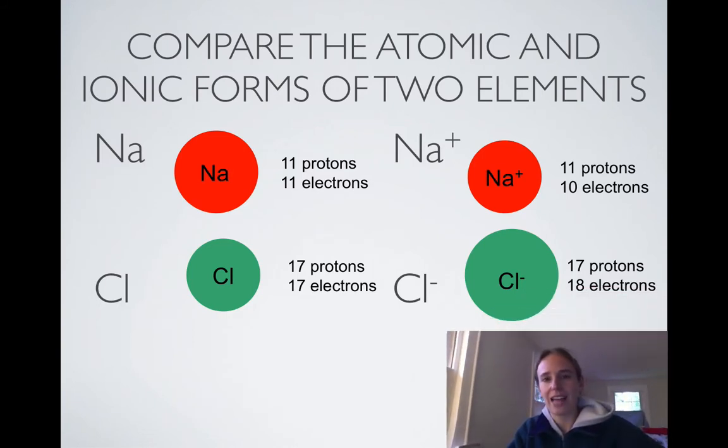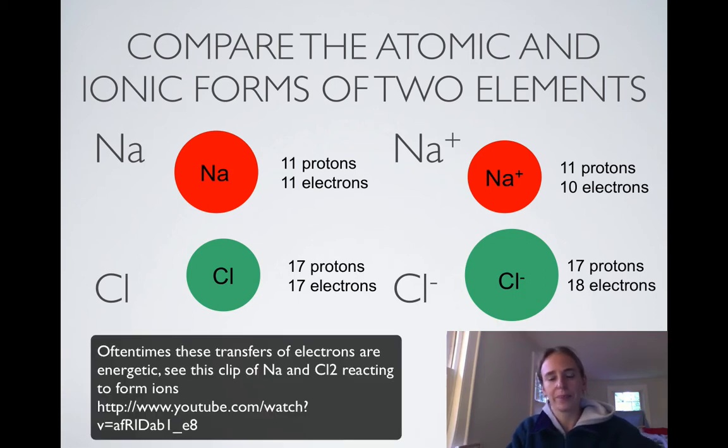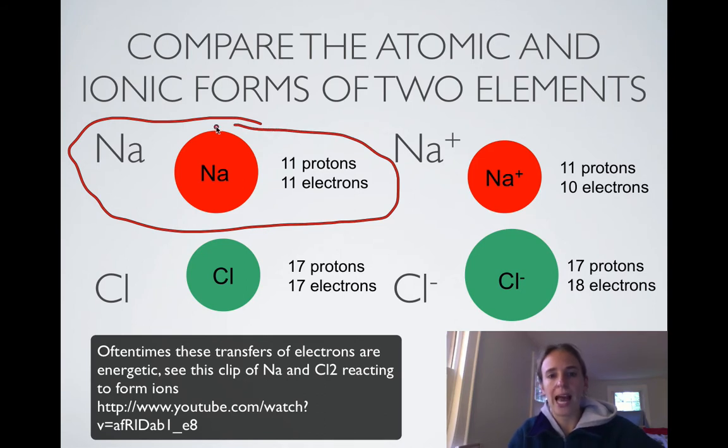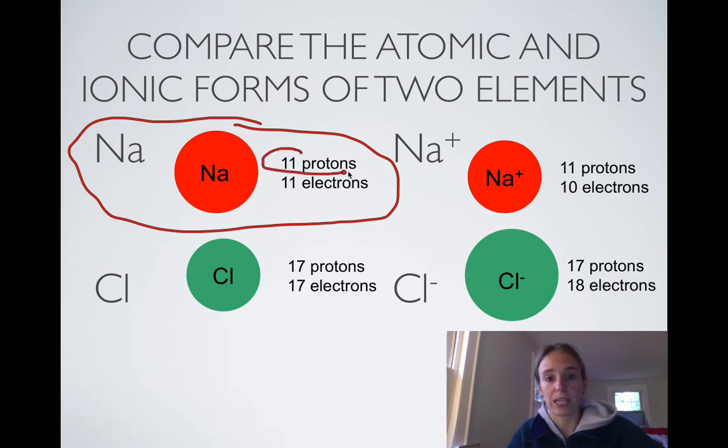Comparing atoms and ions, let's talk about how we get from one to the other. Here we have a sodium atom, and in the atomic form, an atom has the same number of protons and electrons. Sodium always has 11 protons. That cannot change.